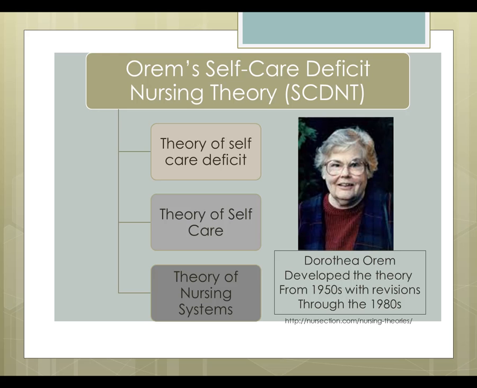And the theory of nursing systems is how the nurse gets the patient to the highest level of self-care possible. We know that depending on the patient, we may never get them back to their original level of self-care, but within the context of the patient situation, what can we get them to, or the family too, if we're talking about a patient who needs total care. And maybe we will never get them to a self-care place and they will need total care.